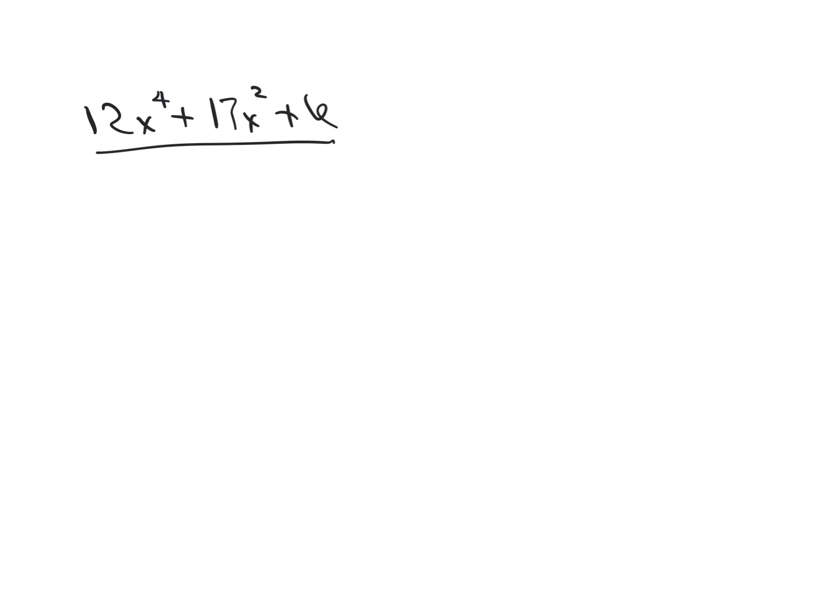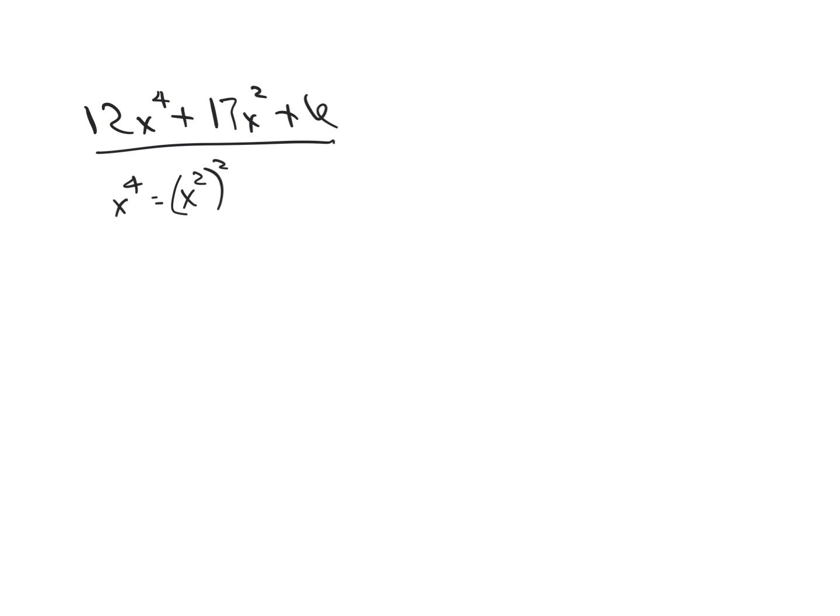So what I need to do is first recognize that this and this can be written differently than what they are. Well, no, let's just leave that alone. But let's look at the x to the fourth. X to the fourth can be written as x squared squared, right? Because 2 times 2 is 4.